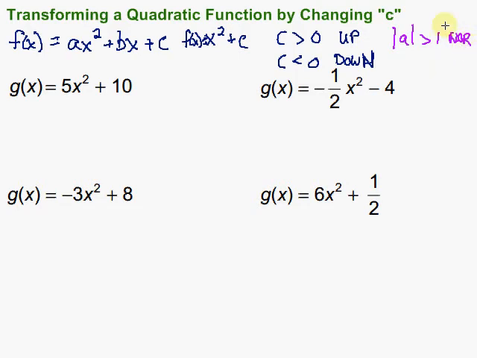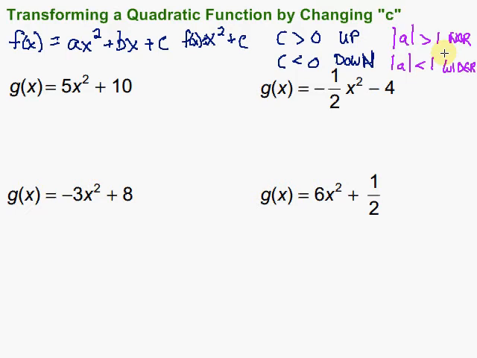I don't have a lot of room here, so I'll write NAR for narrower. If the absolute value of a is less than 1, so a fraction or a decimal usually, it will get wider. Okay, so let's use those two things to help us understand what exactly is happening in each of the quadratic functions here that we see.